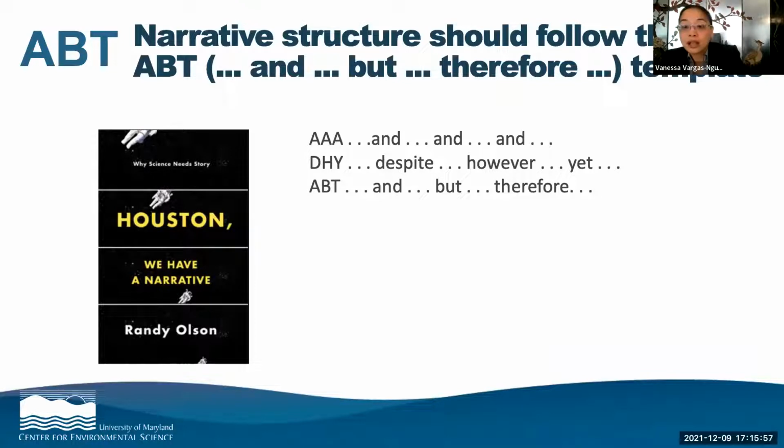He defined three kinds of narrative: the AAA narrative structure, which is a series of statements linked by "and", which can be boring and a repetitive way of speaking. The DHY structure, or despite, however, yet, can become very confusing and overly narrative. So the preferred structure is the "and, but, therefore", which lends itself more to a narrative.